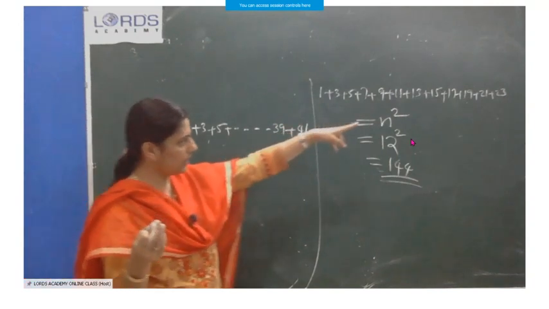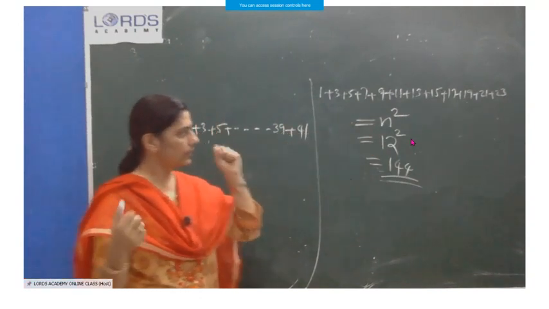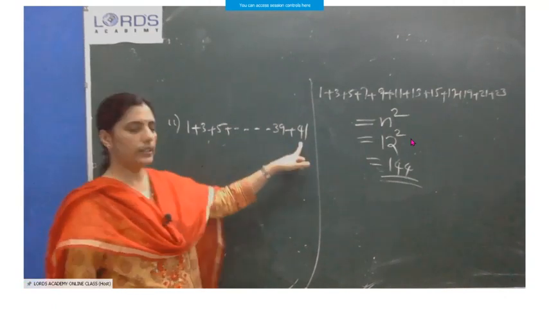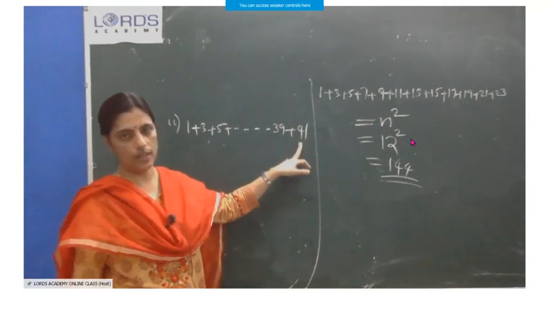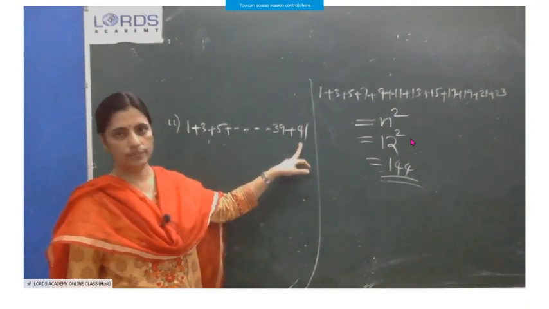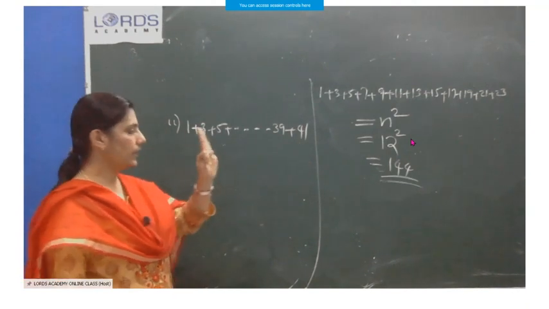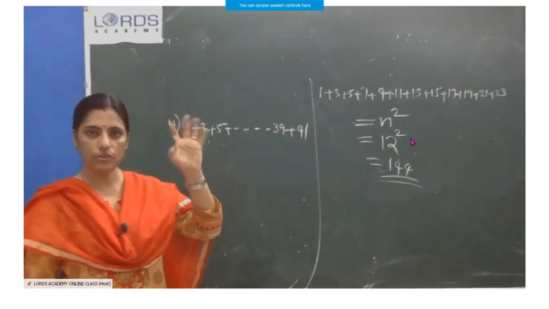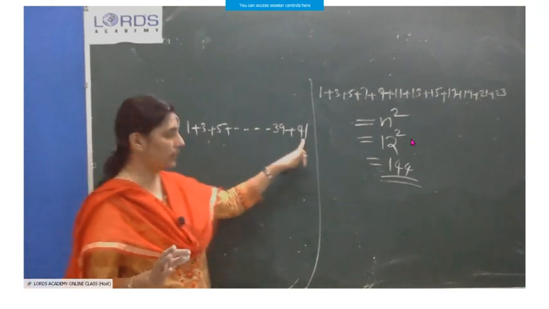Till 23, 12 are there. From there you count 25, like that also. Till 41 you count how many terms are there. You will get 21 terms. Peacefully count 1, 3, 5, 7, 9, 11, 13, 15, 17. Likewise, if you are counting, you will get 21 till 41.